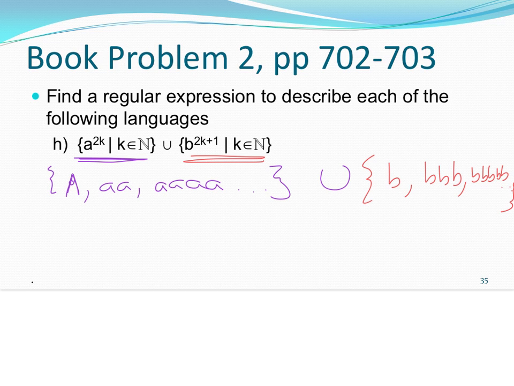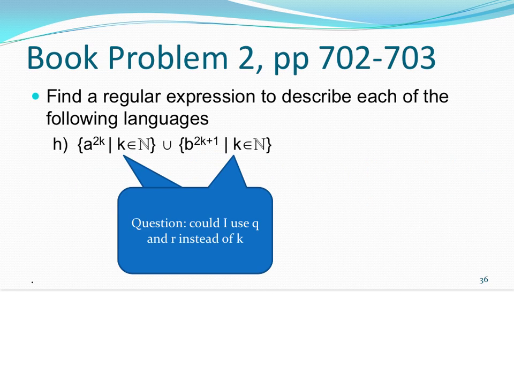So how do we turn that into a regular expression, right? And in fact, before I make that change, let me ask you a question. I used k in both of these equations. And my question is, could I use different letters? Could I use say a q over here and an r over here?